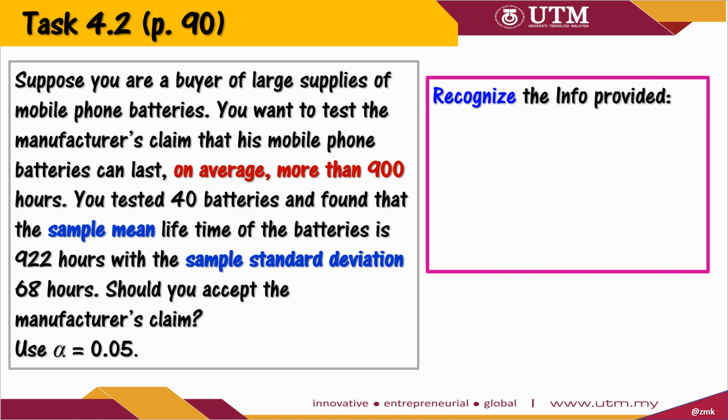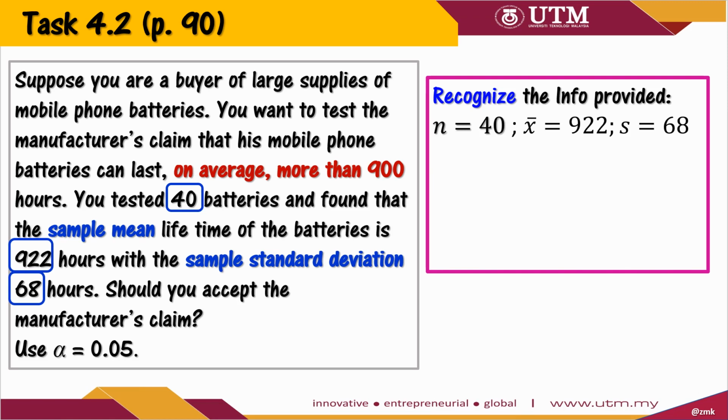As we can see, we have a sample size n equal to 40, the sample mean x bar equal to 922 hours, and the sample standard deviation s equal to 68 hours. So please write down all this information using correct notations like this: n equal to 40, x bar equal to 922, and s equal to 68.